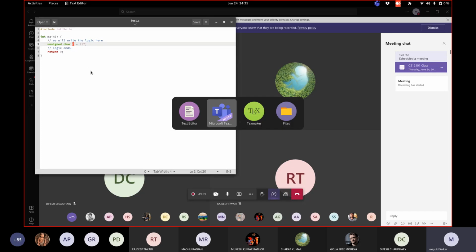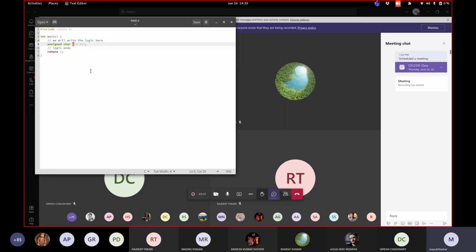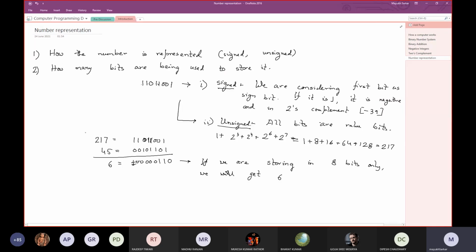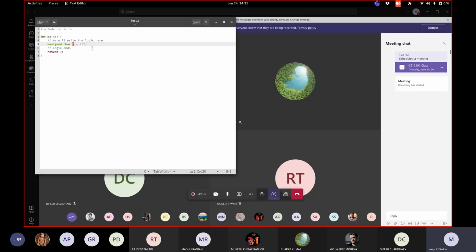At that memory location, eventually this bit pattern is being stored: 1101 1001. Because I have represented it in unsigned fashion, all the bits have been taken as value bits.